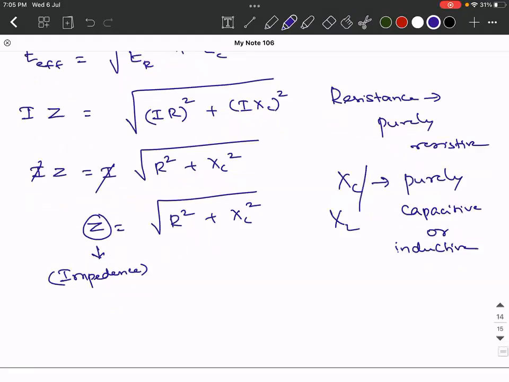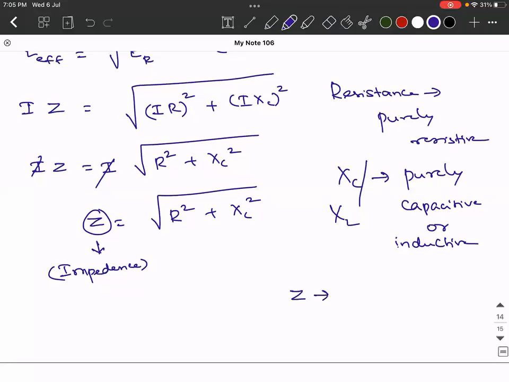That is reactance. You use the word Z when it is a combination of R and XC or XL or both. That is when it is a combination of both resistive and reactive elements, we call it impedance.